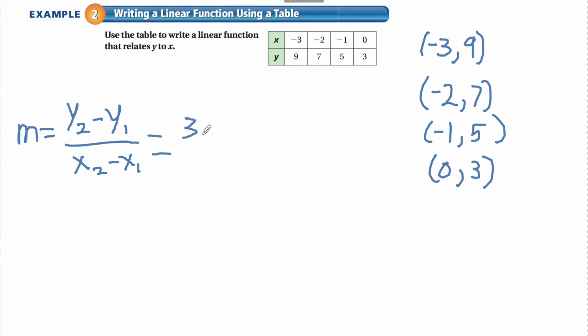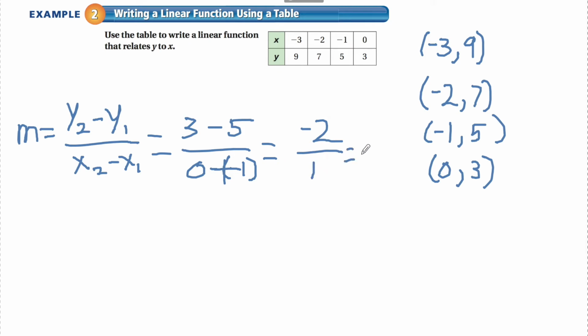We have 3 minus 5 all over 0 minus -1. You can pick any points in here. It doesn't matter. You'll get the same slope. So 3 minus 5 is -2 over 0 minus -1. Remember, when we subtract a negative, it turns into a positive. So our denominator will be 1. This simplifies to -2. So our slope is -2.